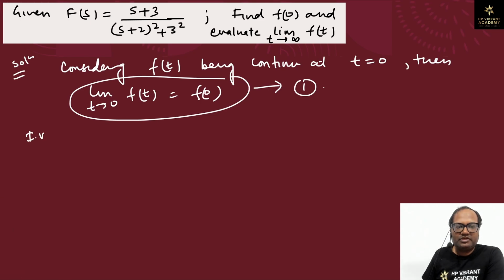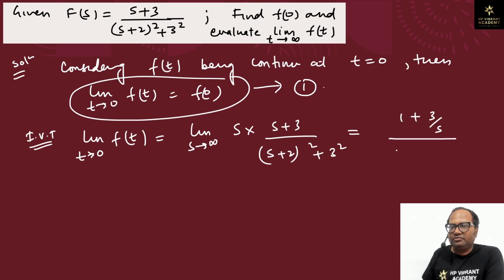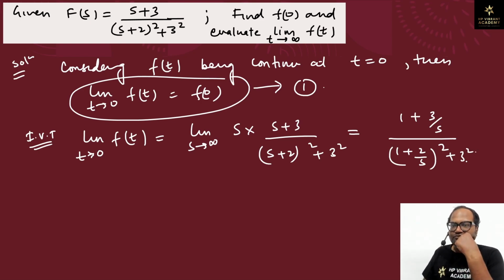So using initial value theorem, limit t tends to 0 f of t is equal to limit s tends to infinity sF(s). The value of F(s) is s plus 3 upon (s plus 2) whole square plus 3 square. Okay, so let us divide numerator and denominator by s square. We have 1 plus 3 upon s upon 1 plus 2 upon s whole square plus 3 square upon s square.